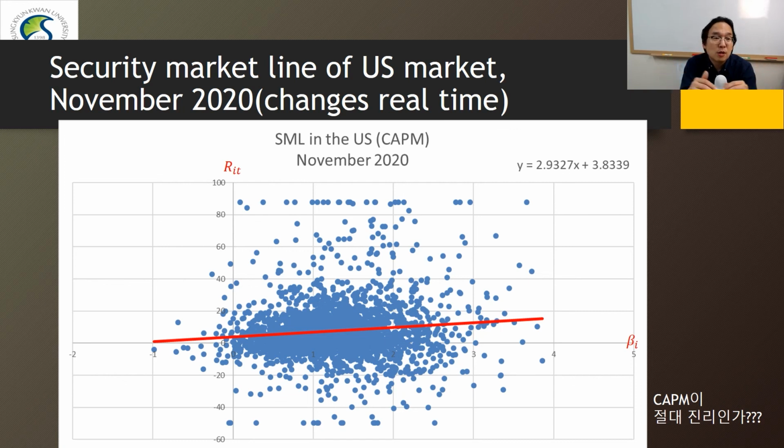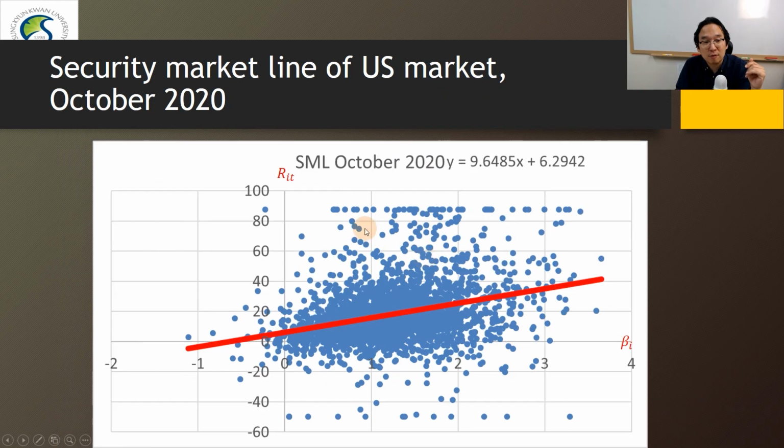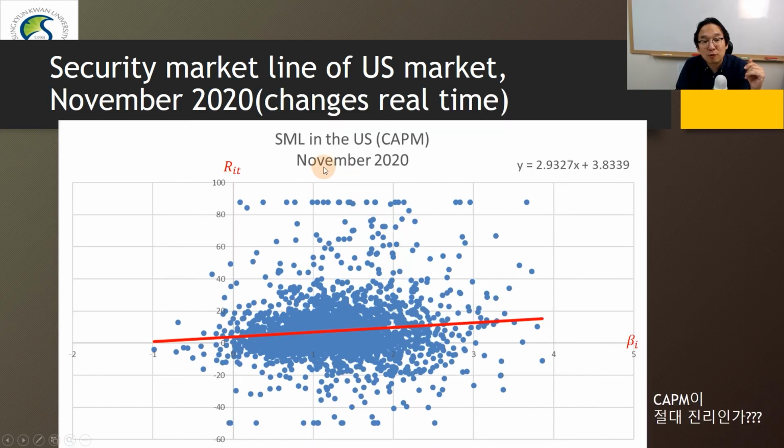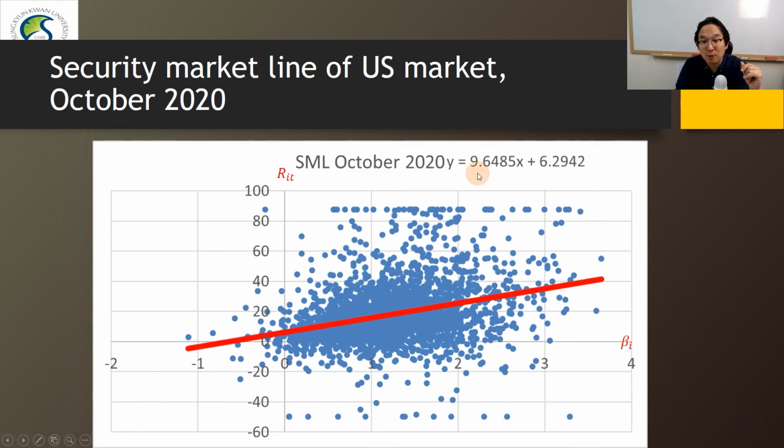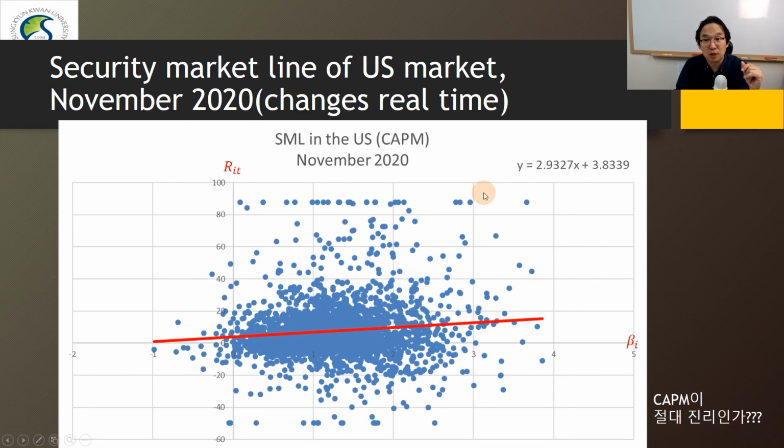So if I move down to November 2020, remember this is October, but I moved down to November 2020, the security market line, I can obtain it one more time. And it changes. The slope term is now 2.9, okay, instead of 9.6. Drastically changed. Wow. Depending on the data points, it can drastically change.